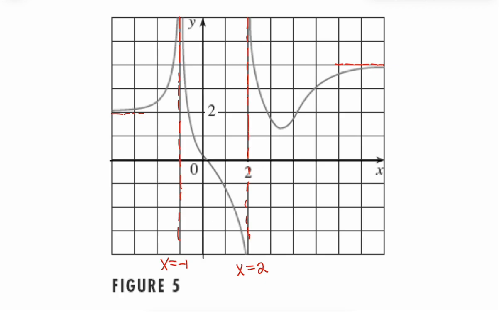I have a horizontal asymptote on the left end at y equals 2, and on the right end at y equals 4. So first I'm just going to really analyze the picture, mark down those things that are occurring, and then I'm going to put it in more formal notation, okay?